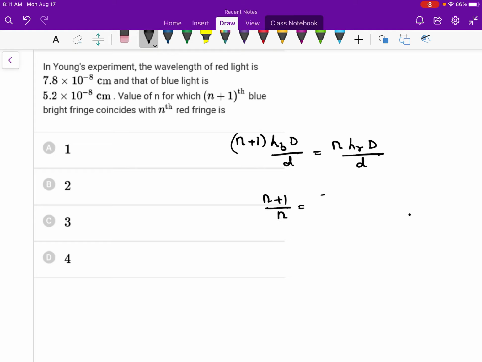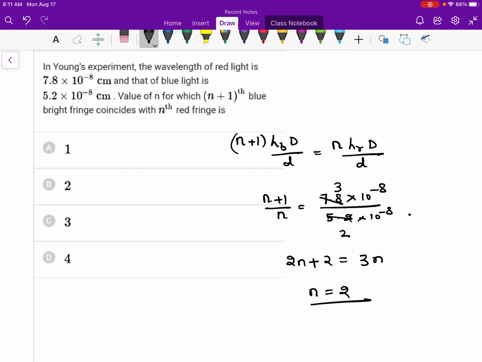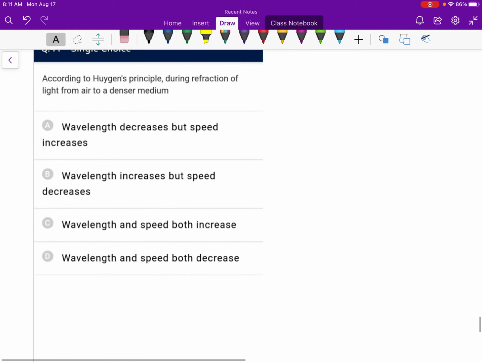So n plus 1 upon n, lambda red is 7.8 into 10 to power minus 8, and lambda blue is 5.2 into 10 to power minus 8. So this is 26 3s are, 26 2s are, 3 by 2. So 2n plus 2 is equal to 3n. So n equals 2.